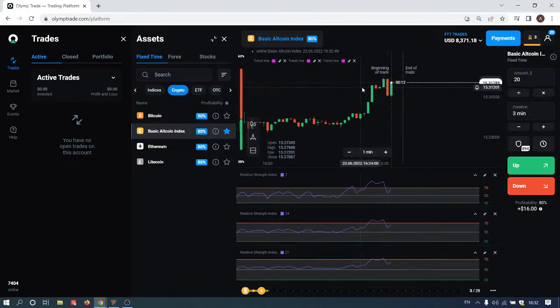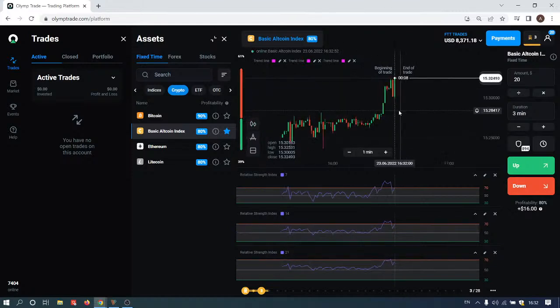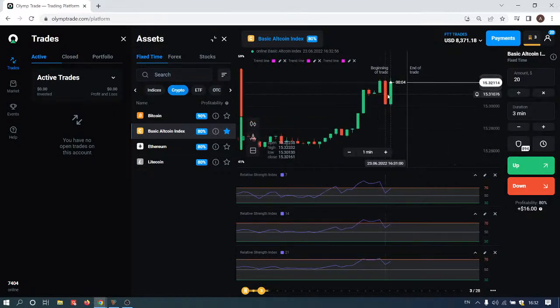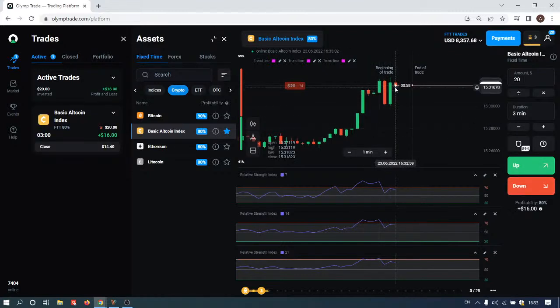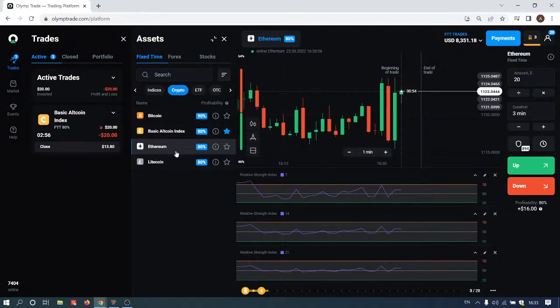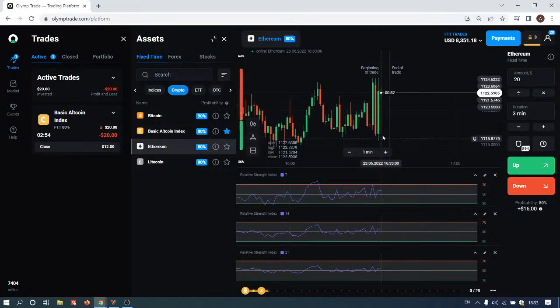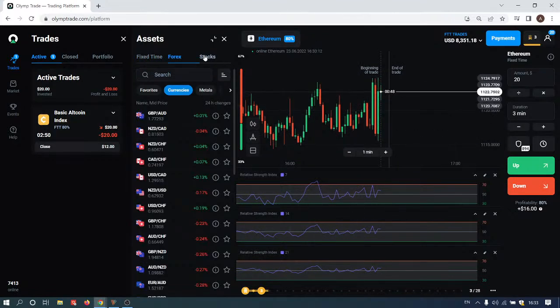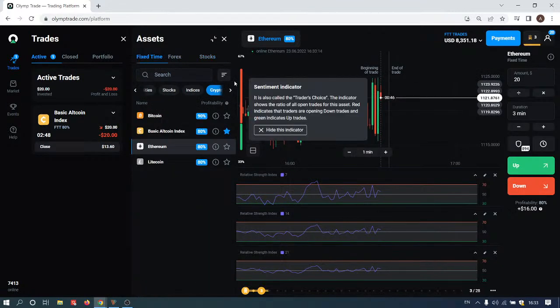Yeah, basic altcoin index. Yes, let's give it a try. It seems to be one of the perfect candidates right now, because all other assets I can see are just going up and down all around.